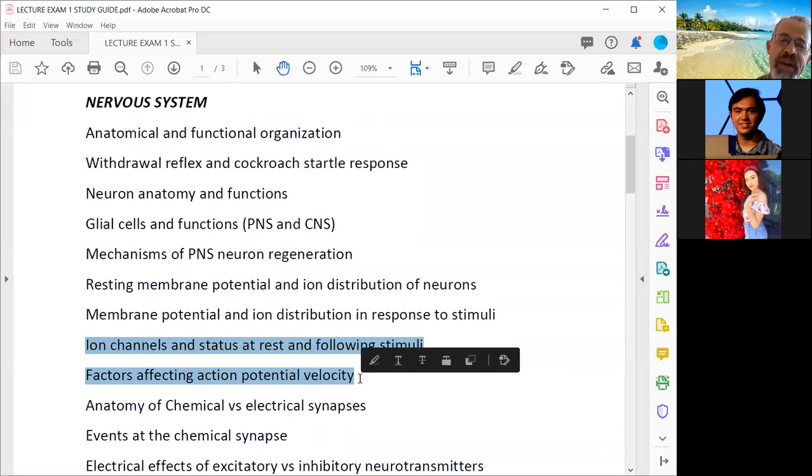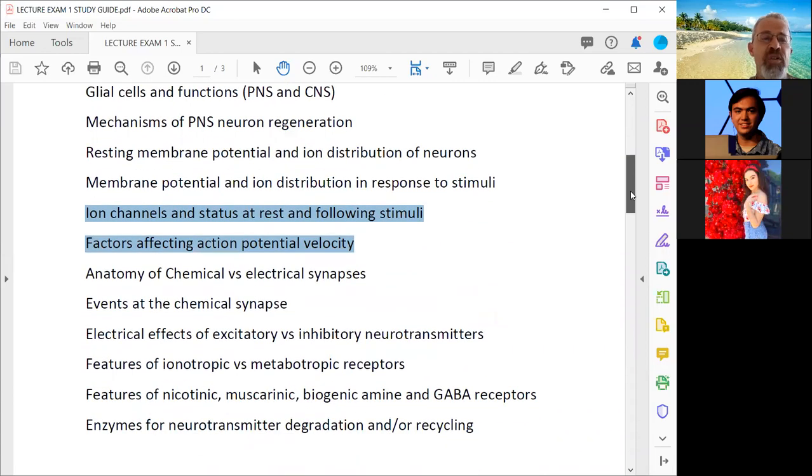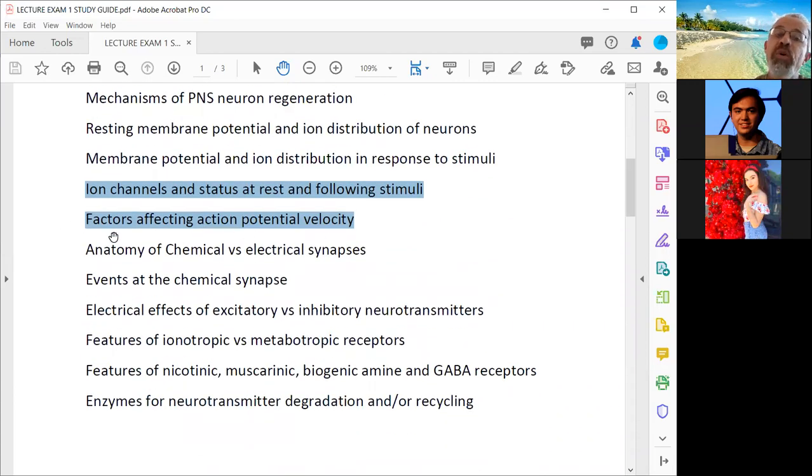Now, just like with everything else we talk about in our body, there are always factors that influence the function of something, how fast or how slow, kind of regulating it. One of the things we know about action potentials is that how fast the electrical current comes through is dependent upon two main factors. Remember, it was the axon diameter as well as the myelination.